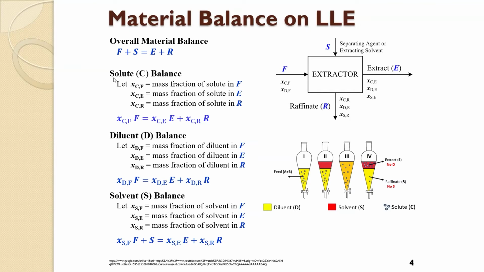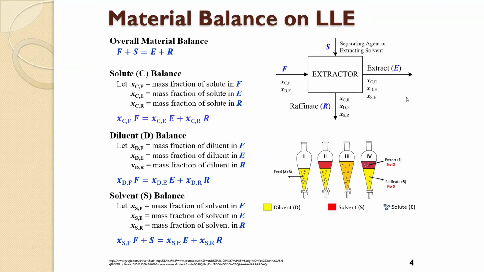For example, you have solute C. The mass fraction of the solute C in F and the mass fraction of the diluent in F, and then the solvent added here. What happens is that in the extract, you will have the mass fraction of solute in the extract, diluent in the extract, and some solvent in the extract.